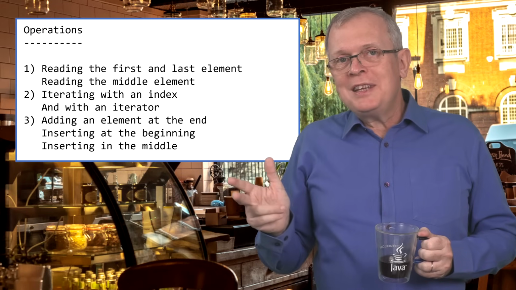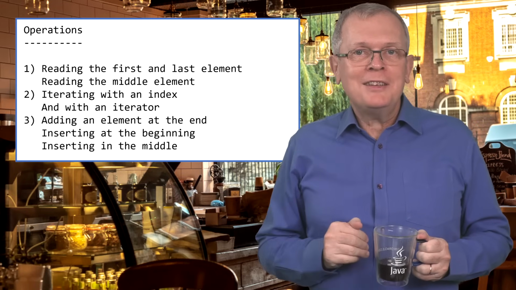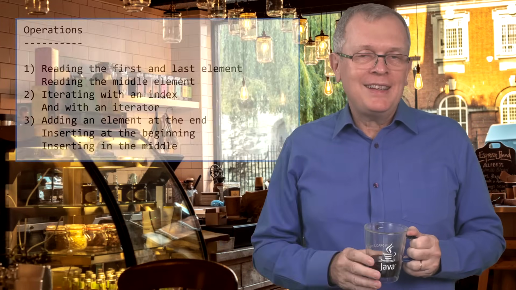Okay, inserting at the end is not really inserting anymore, it's more adding at the end. You could also think about replacing the first element or the middle element of a list, but the cost is actually the same as reading it.